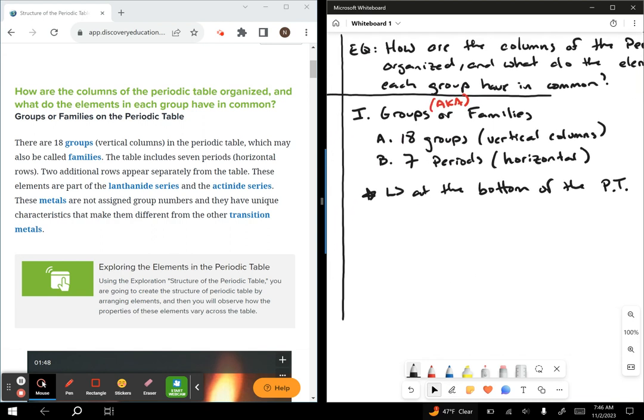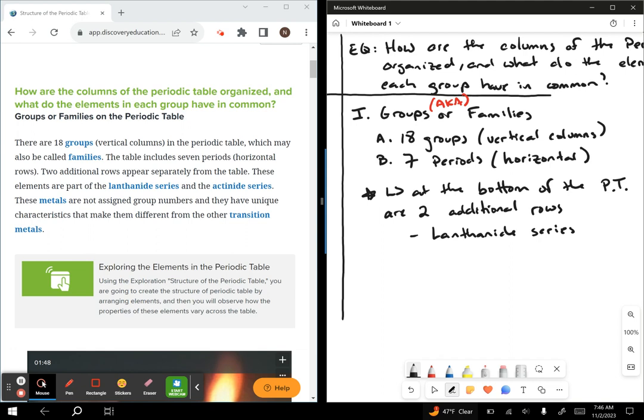Okay, there are 2 additional rows. You have the lanthanide series. These are your rare earth metals. Not because they're so rare, they're just hard to tease out from their surrounding minerals that they're embedded in.